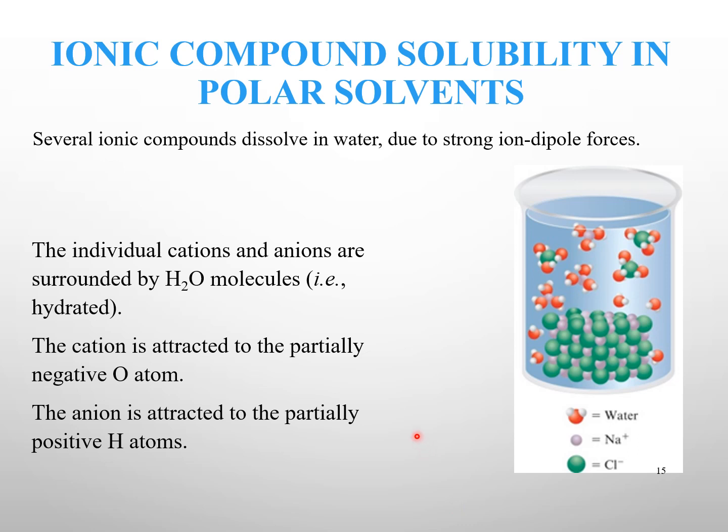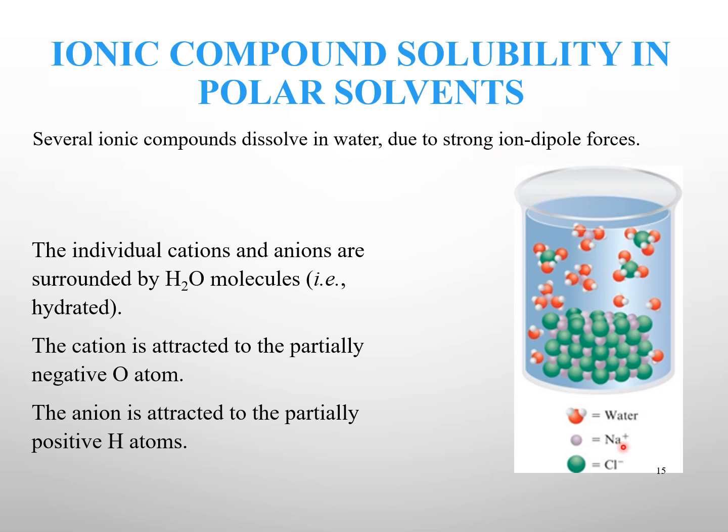You can see in the picture here, and also the explanation saying the cation, the Na plus, is attracted to the partially negative part of water, the O part, and the anion, the negative charge, is attracted to the positive H plus atoms on the water molecule. So this is called an ion dipole force.